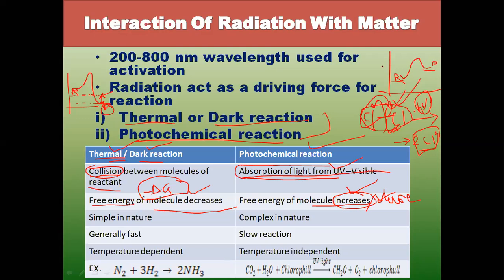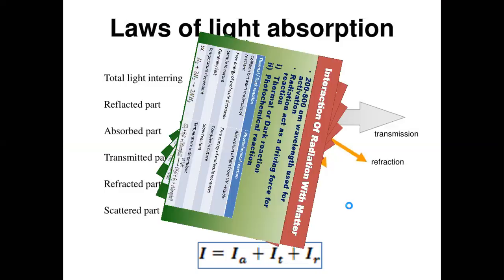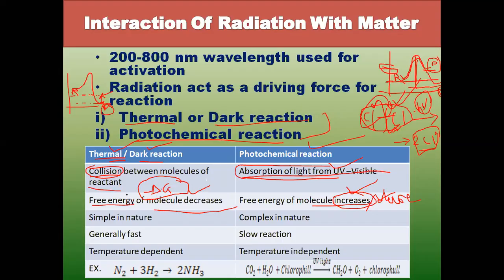The product energy is somewhat higher compared to the reactant, so we can say the free energy of the product is increased. Or in some reactions the energy of the product is less than the reactant. The energy can go either way, it can decrease or increase. But mostly when we talk about thermal reactions, the free energy is decreased.